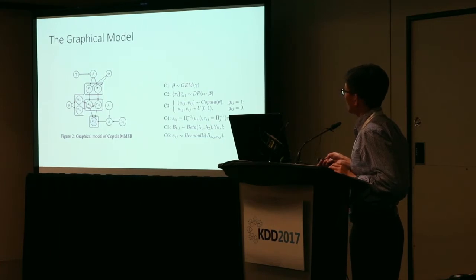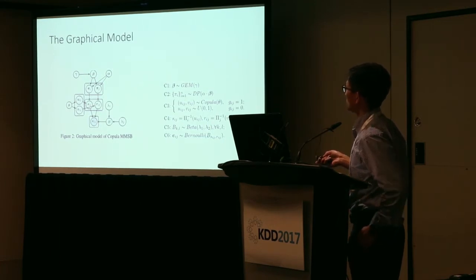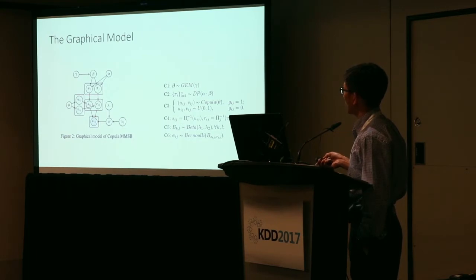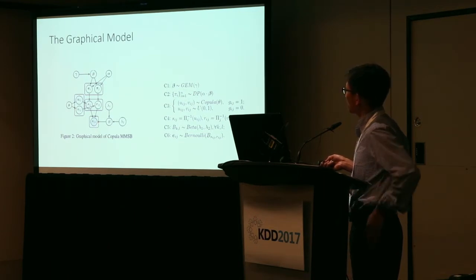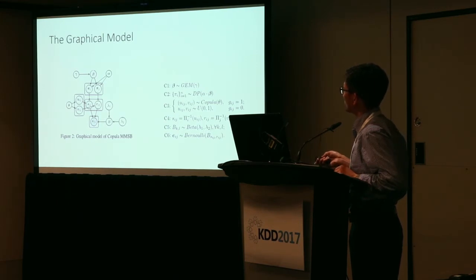To get a link between nodes i and j, which is observable, it needs to follow a binary distribution, here a beta-binary distribution. That's basically the MMSB model.